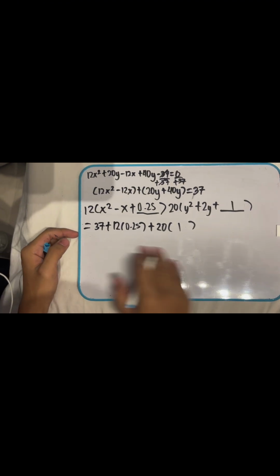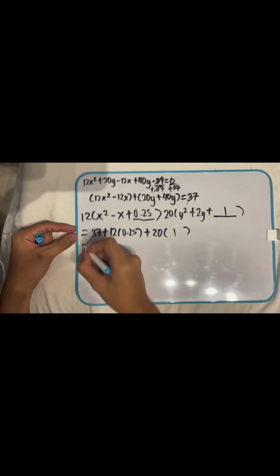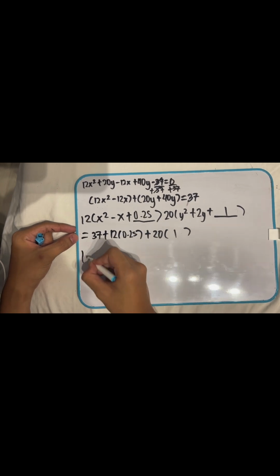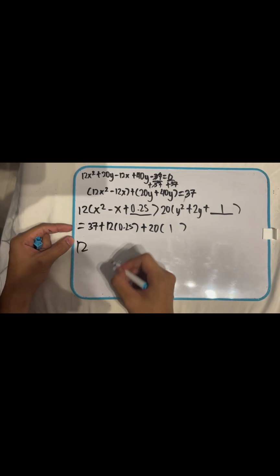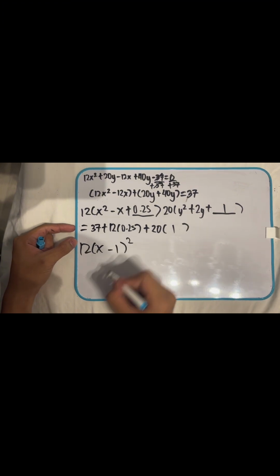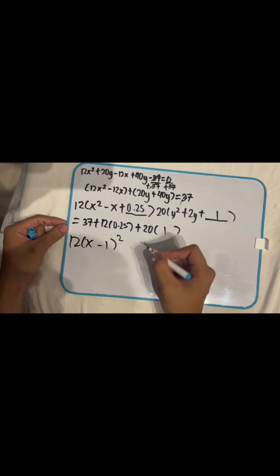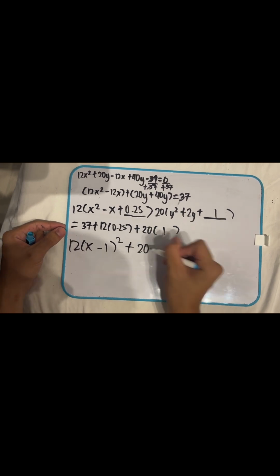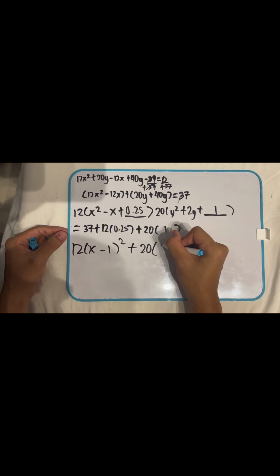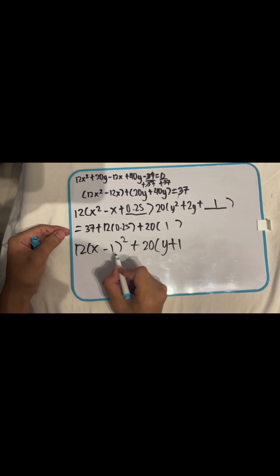Okay, since we have our values over here, we have to add. So the number here, it's gonna be 12 times (x minus 1) squared. This is a complete square, by the way. Plus 20 times (y plus 1).